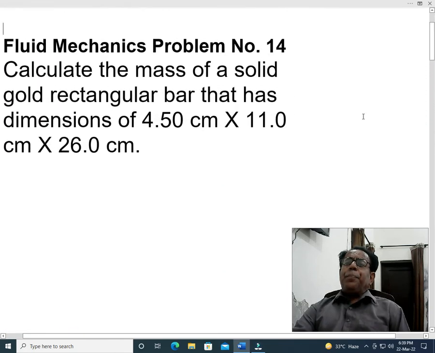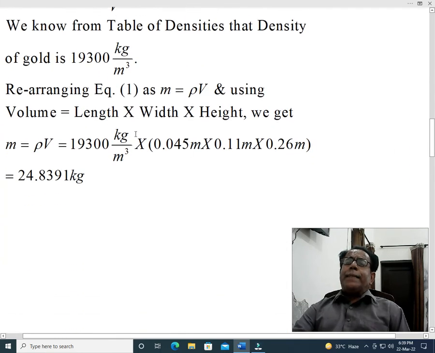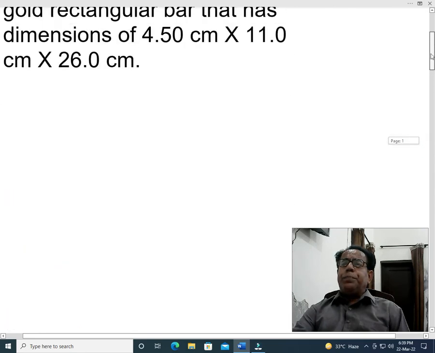We have assumed one thing as length, another as width, and the remaining third thing as height. Volume equal to length into width into height, we get m equal to rho V. In place of rho, 19,300 kilogram per meter cube into 0.045 meter. What we have done? We have simply converted centimeter into meter.